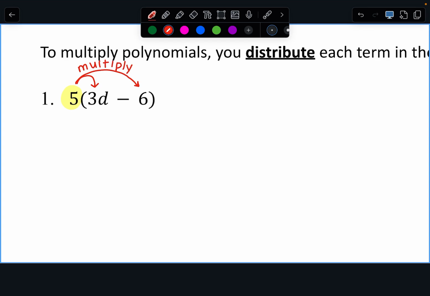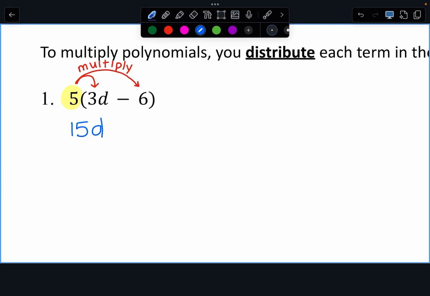Now, what's a little different than yesterday is if that 5 had a letter with it, and we're multiplying that letter by another letter, that is when we change exponents, only when we're multiplying or dividing. So in this case, 5 times 3D means we can do 5 times 3, which is 15, and D is still attached to it.